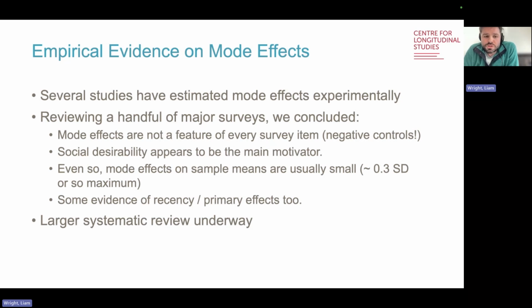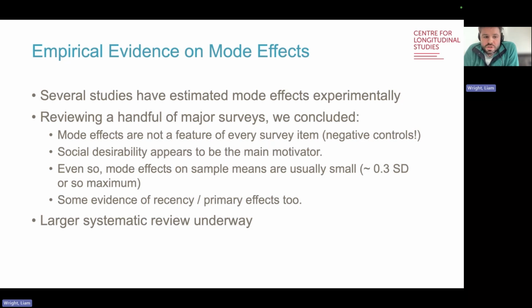We draw a number of conclusions. Firstly, that there's not mode effects in every survey item, as I sort of intimated before. This is quite useful because you can use some survey items as negative controls. Any difference between modes on those survey items should purely reflect mode selection.